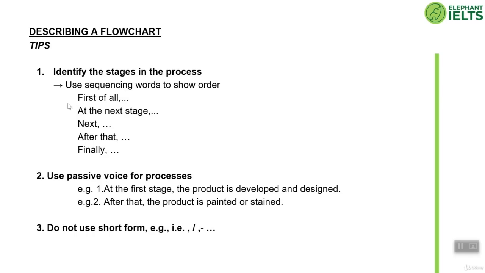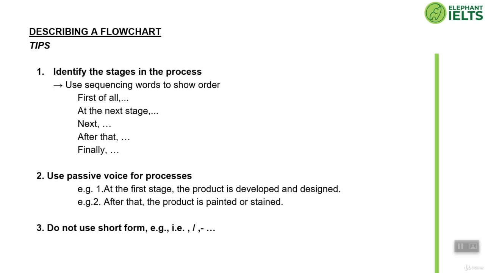Remember to use sequencing words such as these here to signal each step in the procedure. For example, first of all, at the next stage, next, finally, after that. All of these you can use to begin each new paragraph or each new step in the procedure.